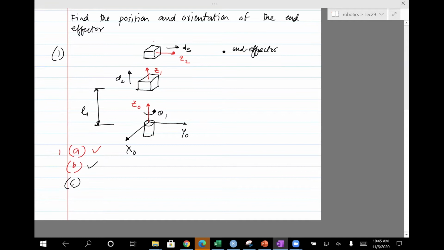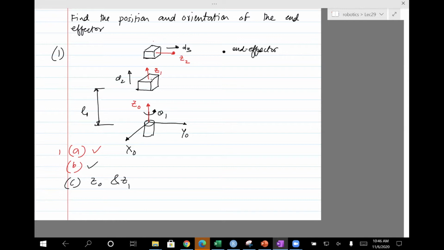C says now assign coordinate frames Oi, Xi, Yi, Zi. So that will be i equals 1, 2, that's it. For that, we need to find the relation between Z's, right? So first of all, let's see the relation between Z0 and Z1. If they're not coplanar, there's Roman 1. If they're parallel, there's Roman 2. And if they intersect, there's Roman 3.